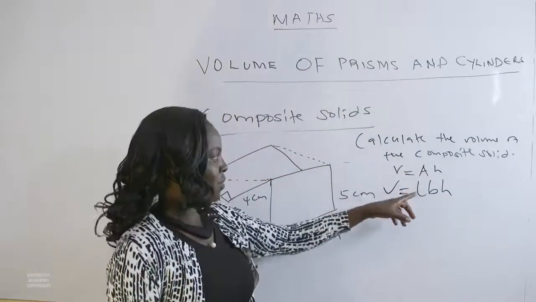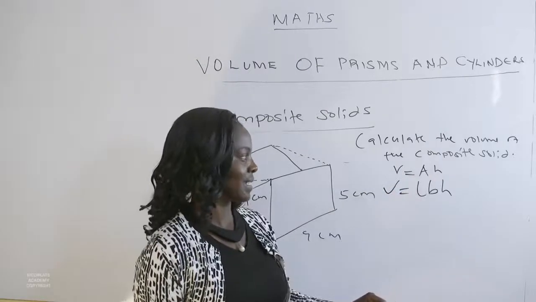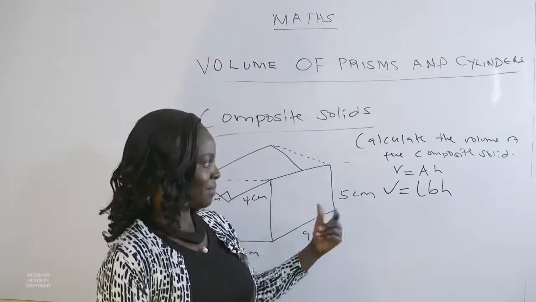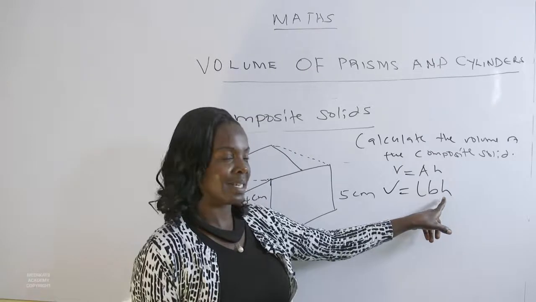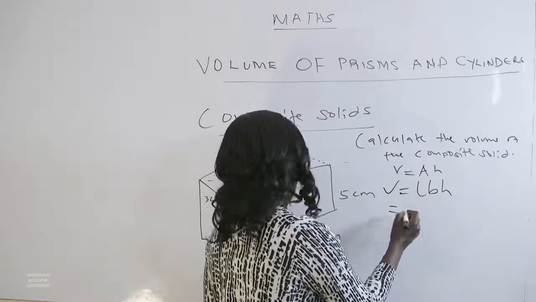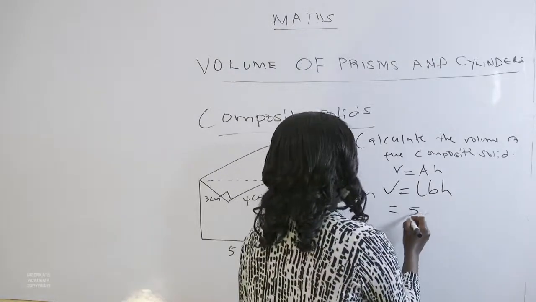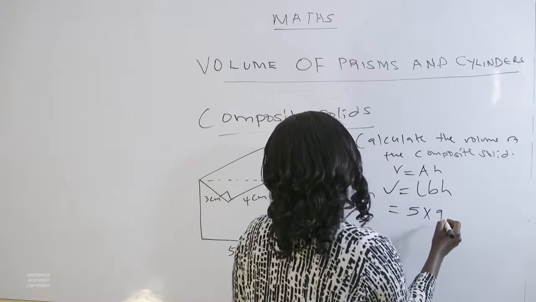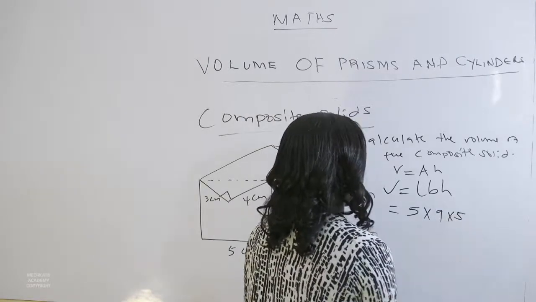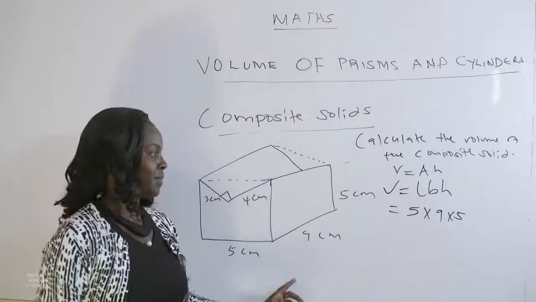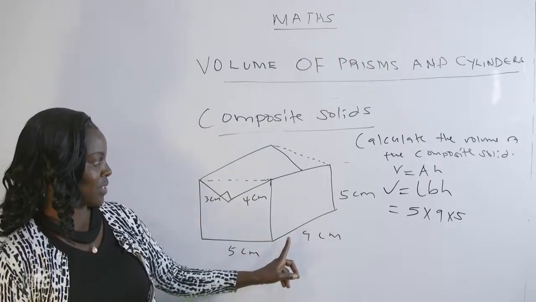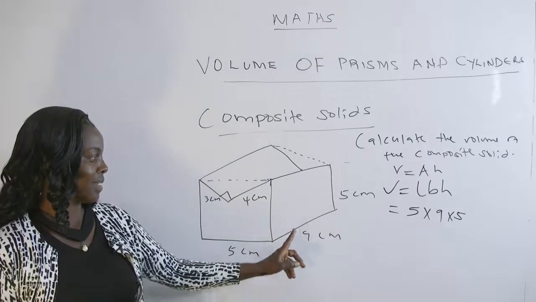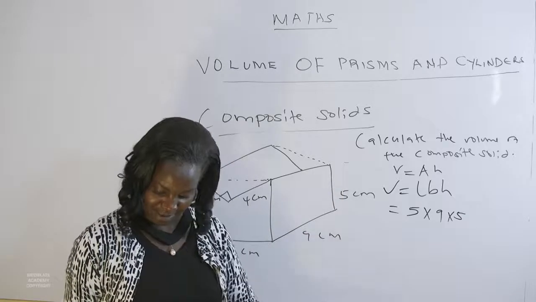So volume is equal to base area times height. Because this is a rectangular prism, base area is length times base. So we'll substitute our values. We have 5 times 9 times 5, length 5, base 9, height 5.